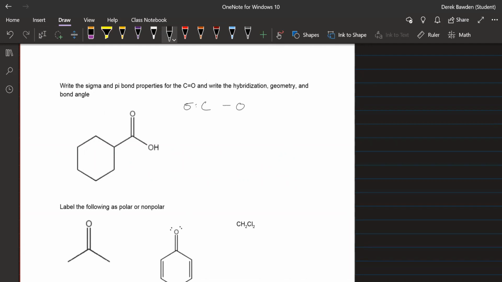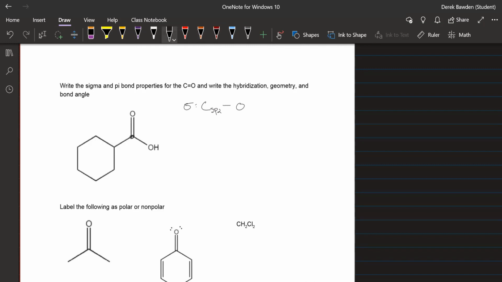What hybridization is the carbon? SP, SP2, SP3. SP2, because this carbon has 3 regions of electron density around it. 3 minus 1 is 2.